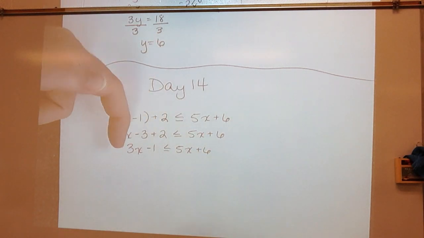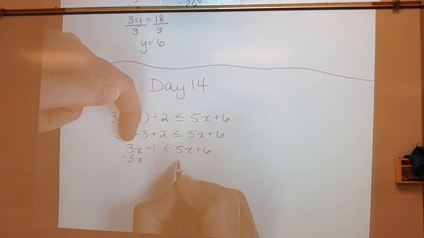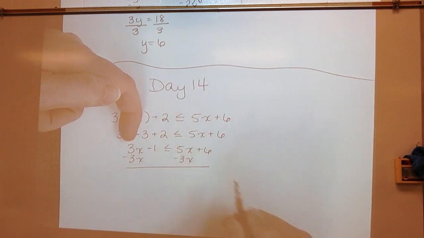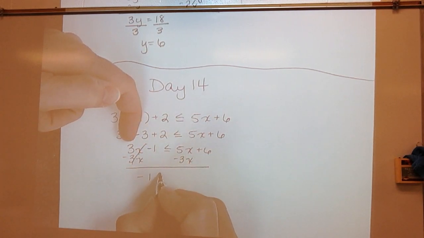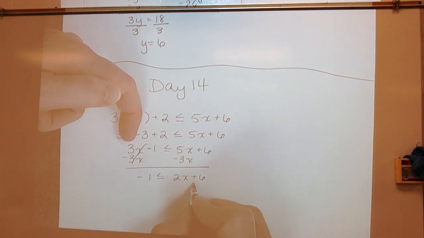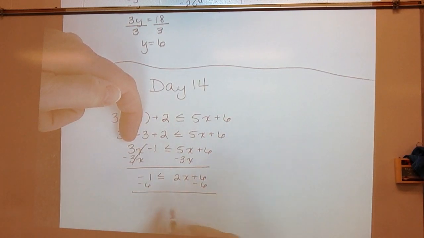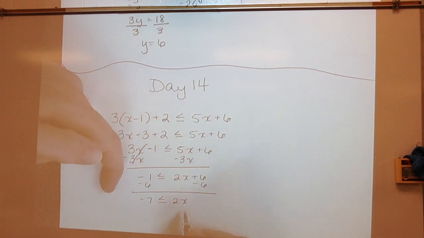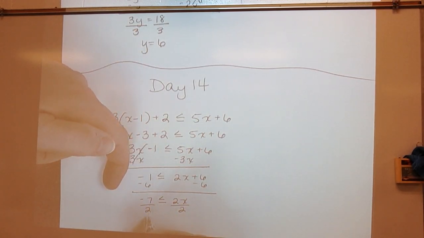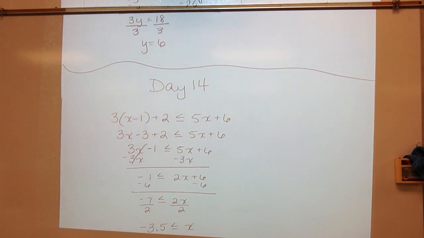Now I can subtract 3x. I get negative 1 is less than or equal to 2x plus 6. Subtract my 6. Negative 7 is less than or equal to 2x. Divide by 2. And I get negative 3.5 is less than or equal to x.